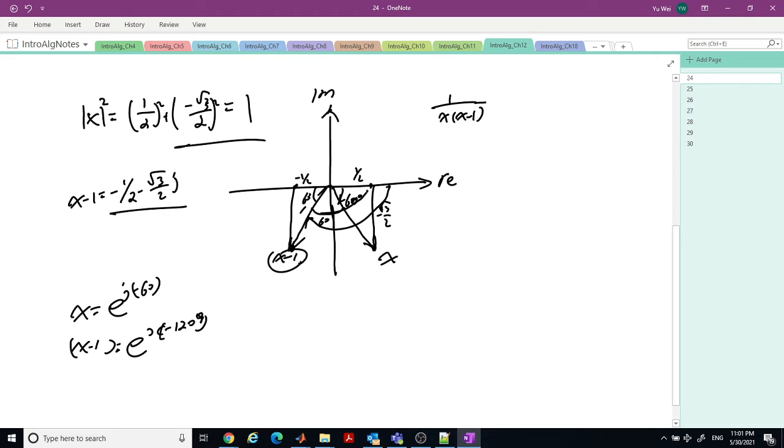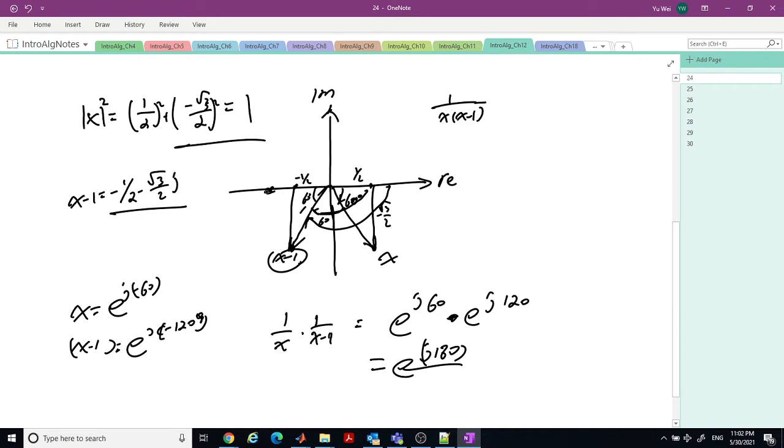So this is 60, and this is 120 degrees. Then 1 over x times 1 over x minus 1 is equal to e^(j60°) times e^(j120°), so it's e^(j180°). When you go to 180 degrees, that's here, right? So that's why it's negative 1.